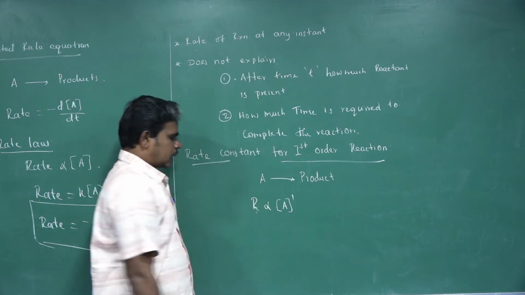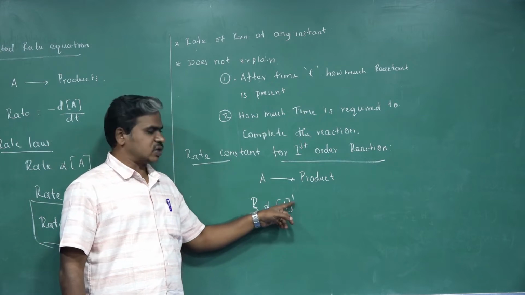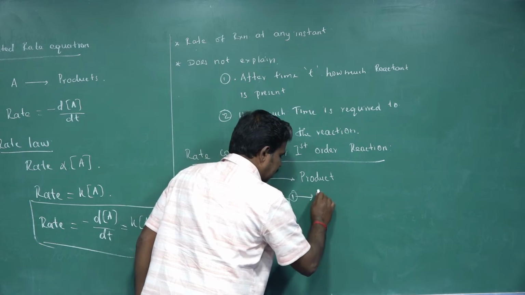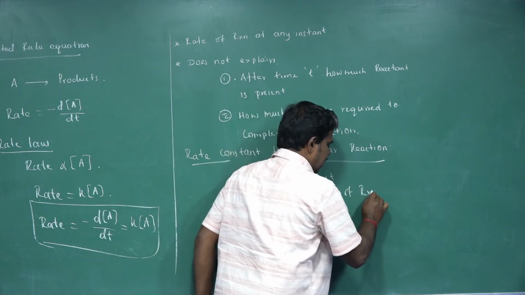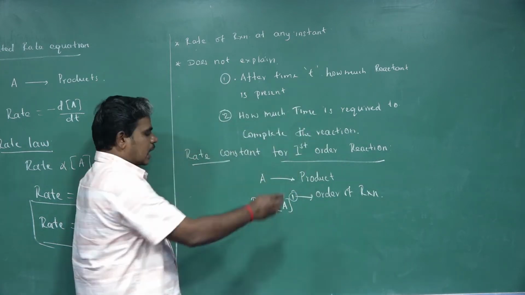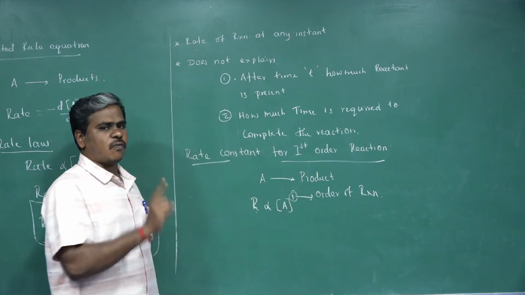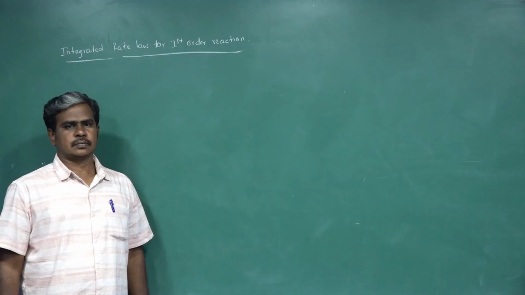According to the rate law, the rate of the reaction is directly proportional to the concentration of A power 1, and this 1 is nothing but the order of the reaction. When the concentration of A is raised to the power of 1, it is known as a first order reaction.